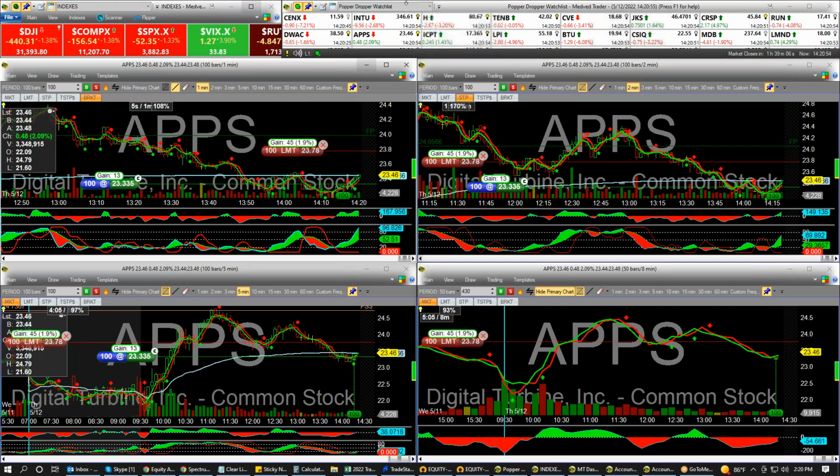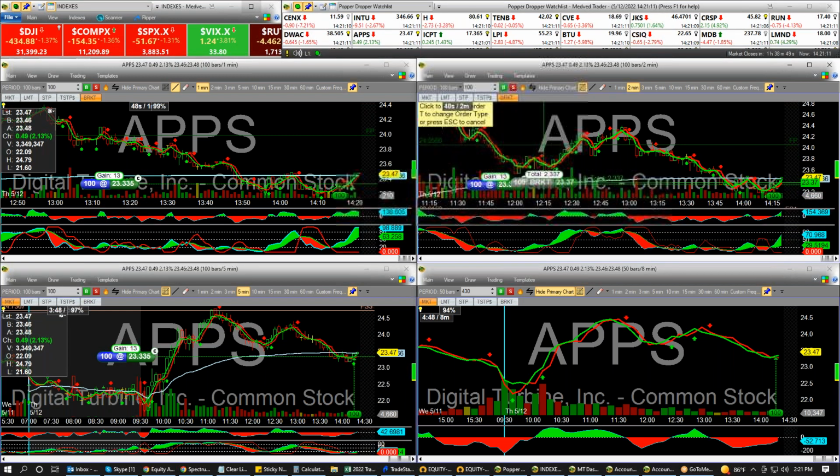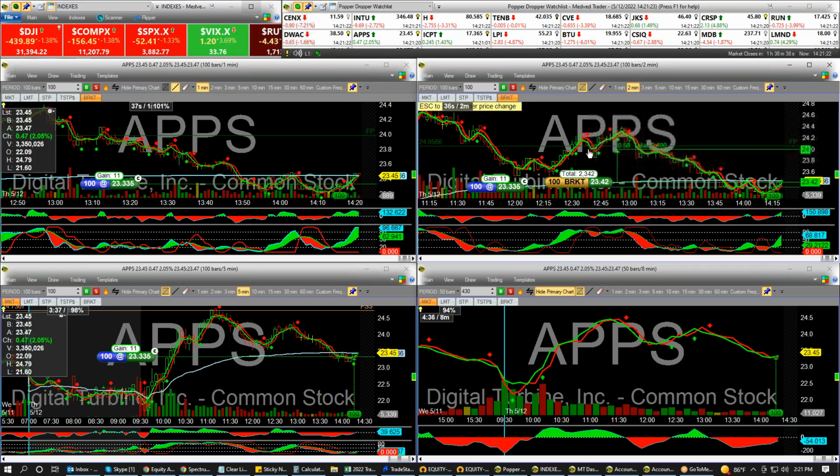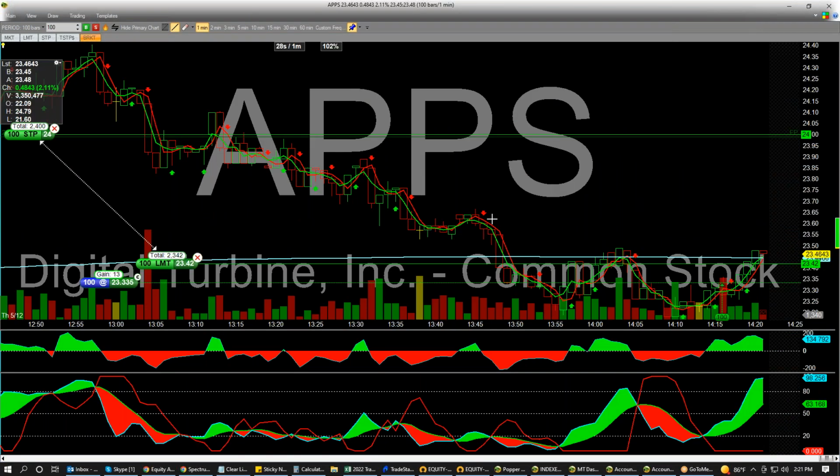See, I got to go up here and cancel. And now I can go back and... sometimes it's easier just to use a stop and then just adjust the stop.